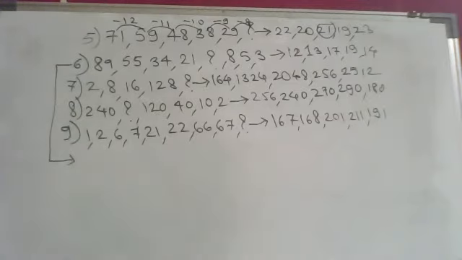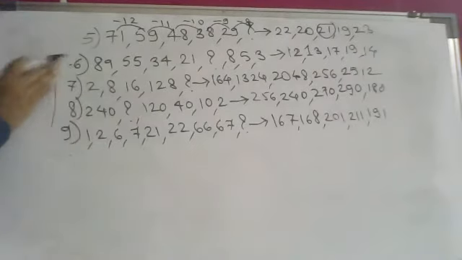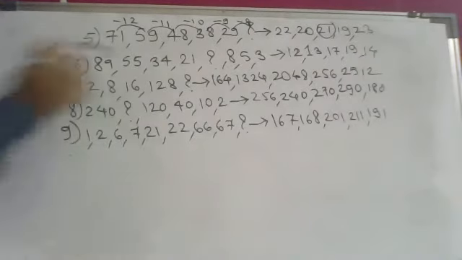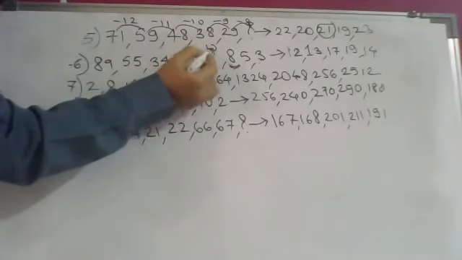Question number 6. What is the logic again here? 3 plus 5, 8 is here. 8 plus 5, 13 has to be here.